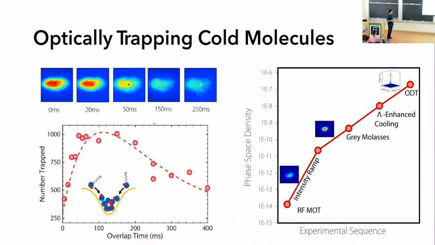The fact that you see this number goes up as a function of time means that the cooling actually works in the presence of the optical dipole trap, which is not a given for molecules because you have many different tensor Stark shifts which can easily mess up this cooling. And we see that at basically every step that we do in the experiment, we greatly increase the phase space density of our molecules.